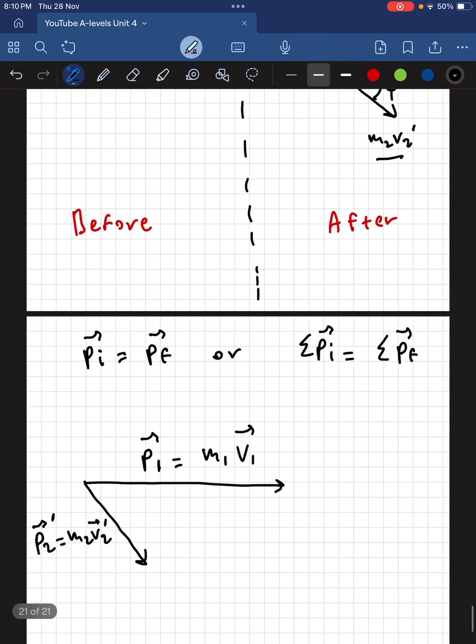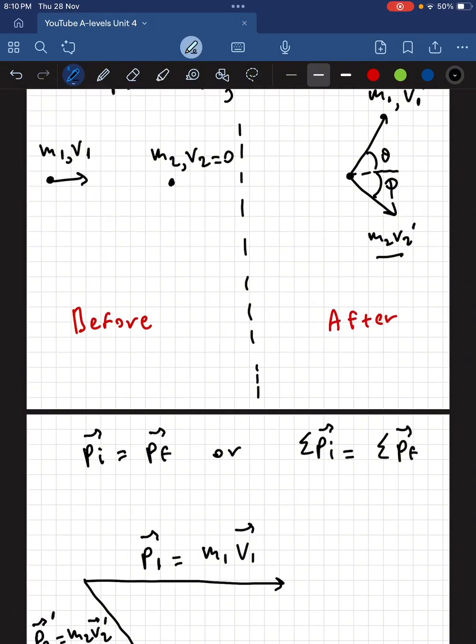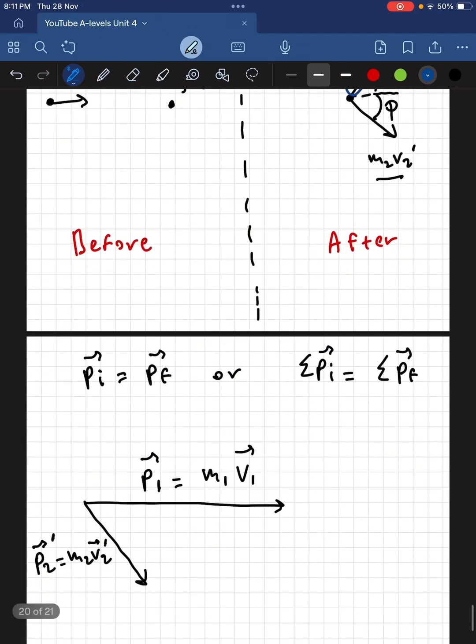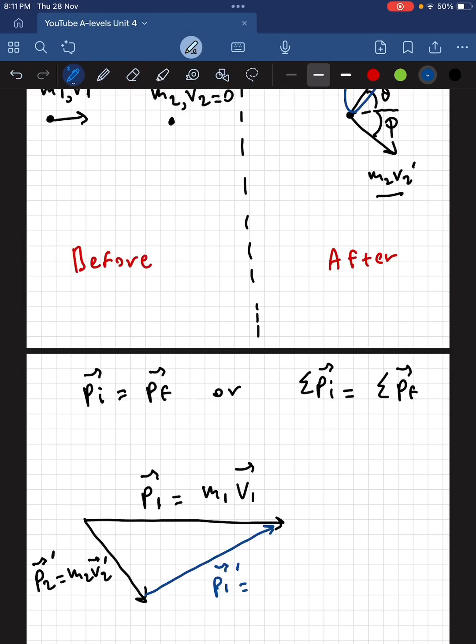The sum of momenta after has to be equal to the sum of momenta before. So the only way to close this triangle is to parallel transport this initial vector for mass 1, imagine taking this vector and parallel transporting it here. So this is going to be P1 prime equal to m1 v1 prime.